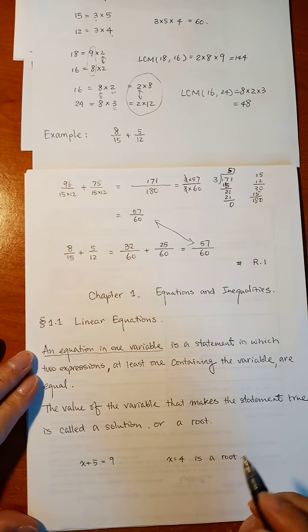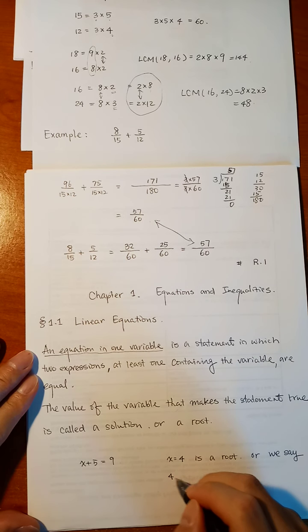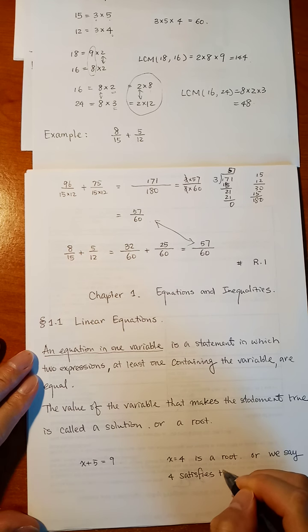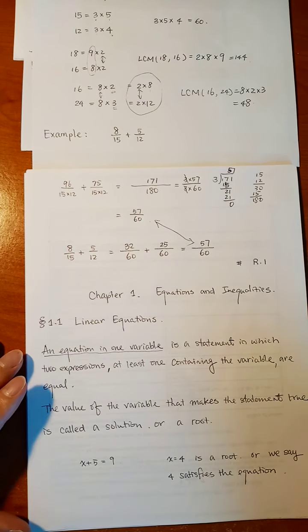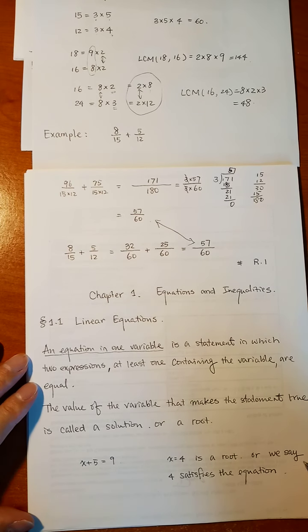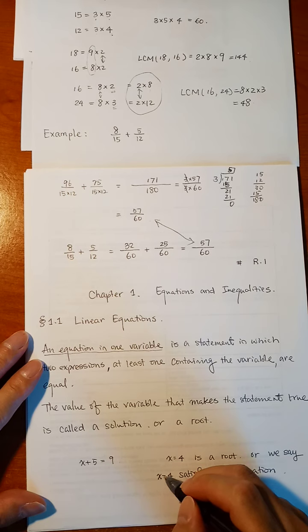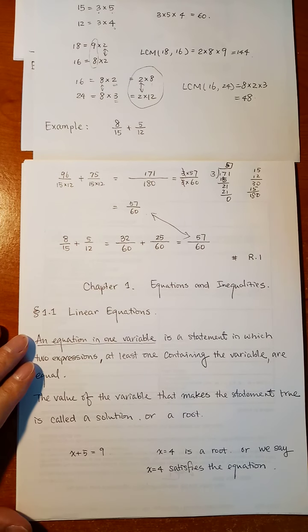So x equal to 4 is a root, or we say 4 satisfies the equation. It's just language. X equal to 4 is a root, or we say 4 satisfies the equation, or you say x equal to 4 satisfies the equation, if you want to emphasize what variable you have.